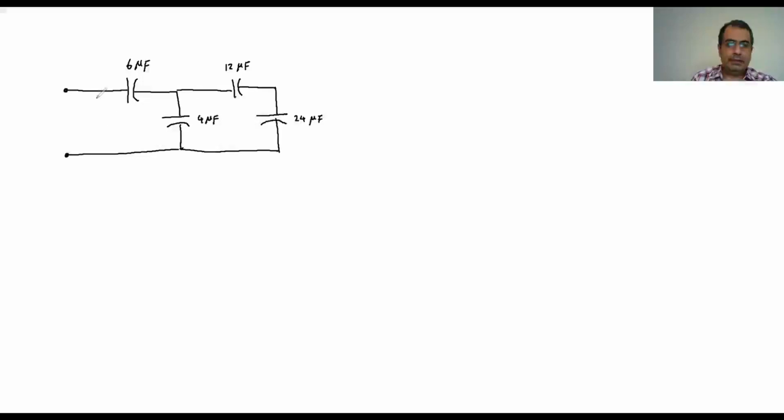So if you look at this circuit, we know that at the very beginning, these 2 are, as we said, in series. Say this is A and this is B. I first replace these 2.